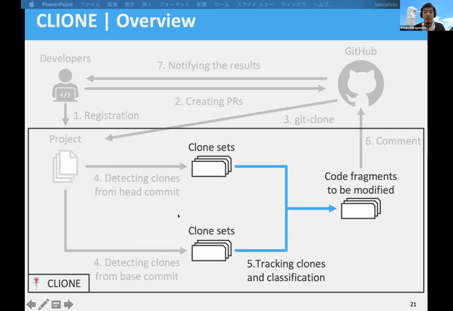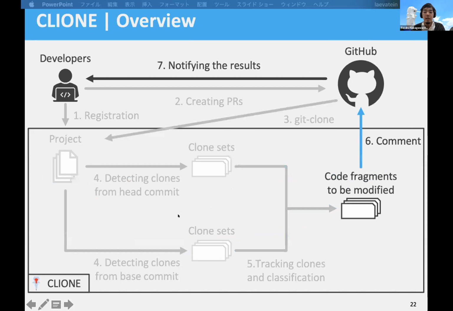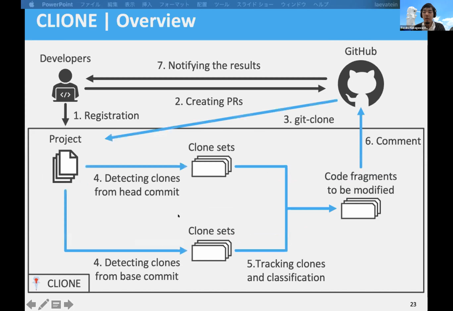Then, CLIONE tracks clones and classifies the clone changes to detect code fragments to be modified. Finally, CLIONE sends code fragments to be modified as PR comments, and GitHub notifies the developers of the results. This is an overview of CLIONE.